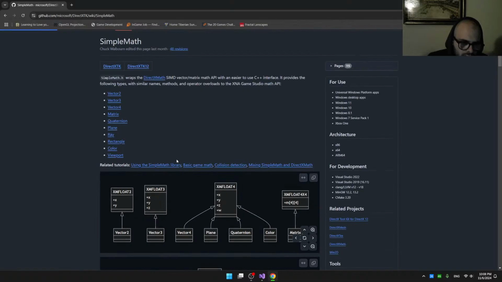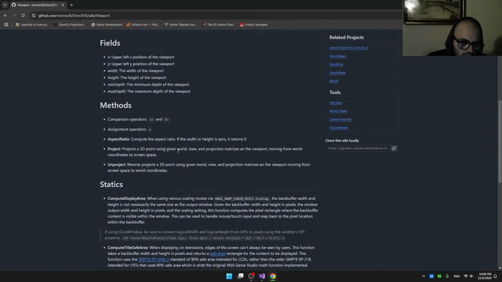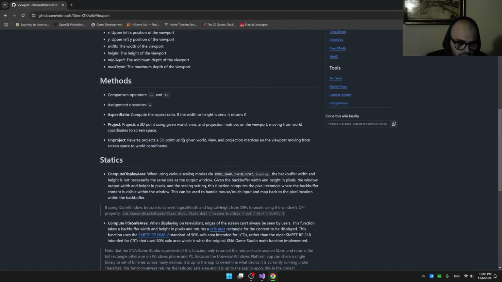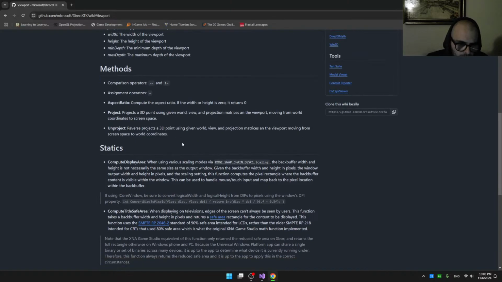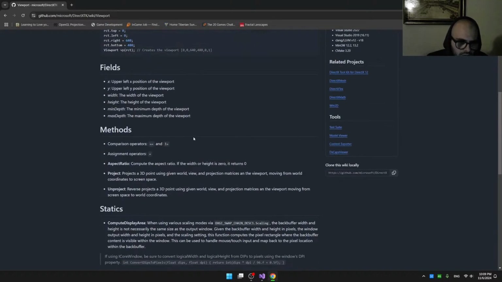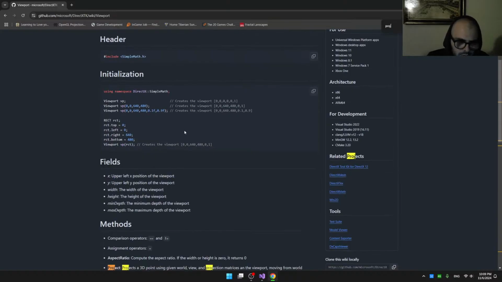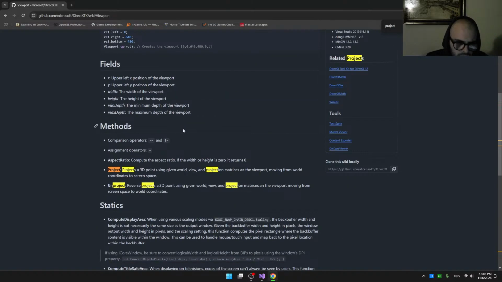Maybe viewport. Compute tile, compute display area, projects a 3D point using given world, view, and projection matrices as the viewport, moving from world coordinates to screen.